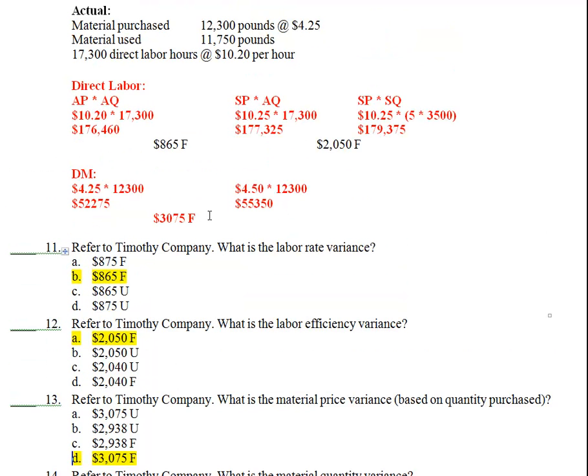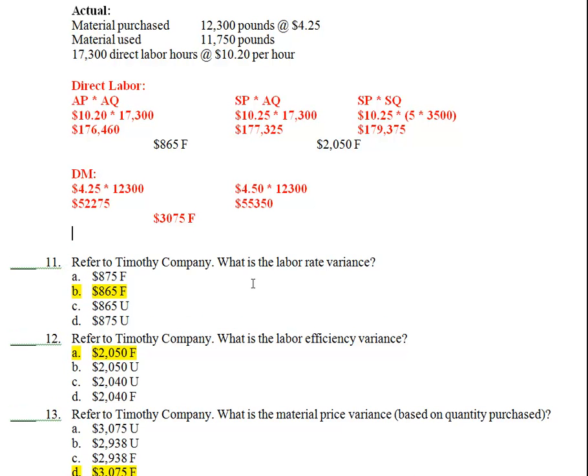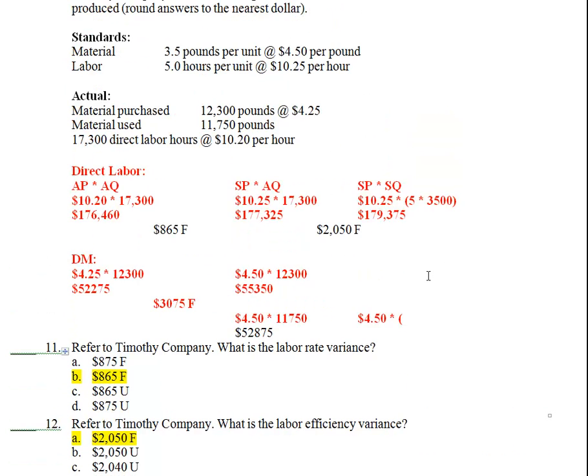And then to come up with the usage variance, we have to switch gears now because we've used and purchased different amounts. So now we want to use the amount of material that was used, which is 11,750. So that's giving you 52,875. Then for the third column, where it's the standard price of $450, now you want to multiply it by how many pounds we should have used.